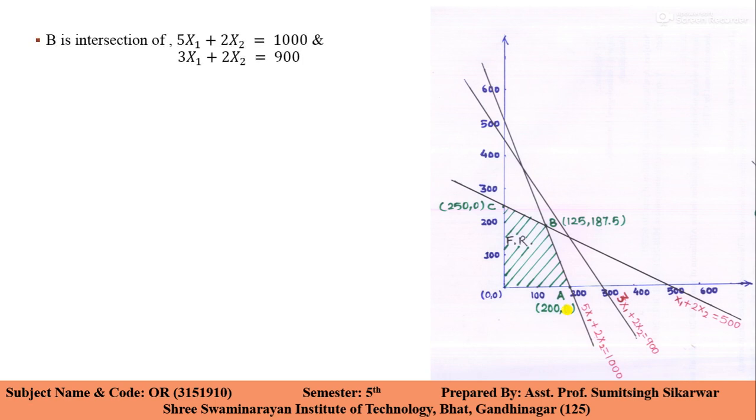Now point B is the intersection of 5x1 + 2x2 = 1000 and 3x1 + 2x2 = 900. Similarly, point C is the intersection of the y-axis and the line x1 + 2x2 = 500.